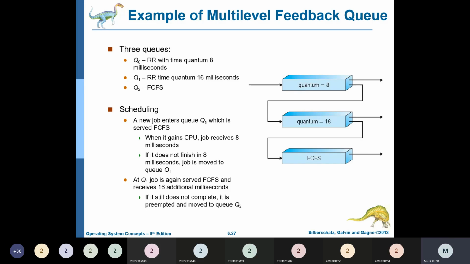What happens is 8 units will be completed in the first queue, because quantum time is 8. The remaining 12 will get into the quantum 16. That will finish there and it will go to the FCFS, and the process gets completed. So this is how this multi-level feedback queue is working.